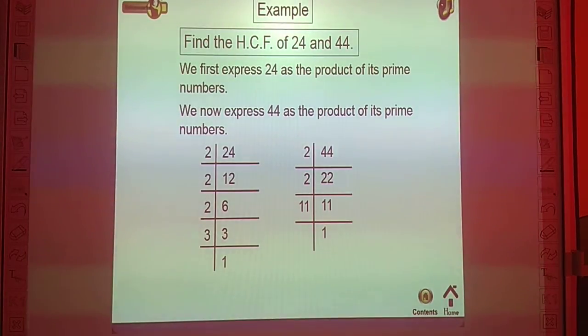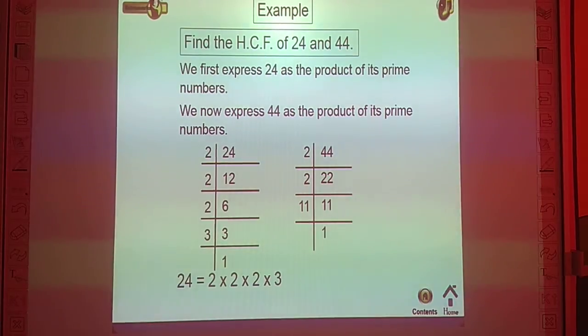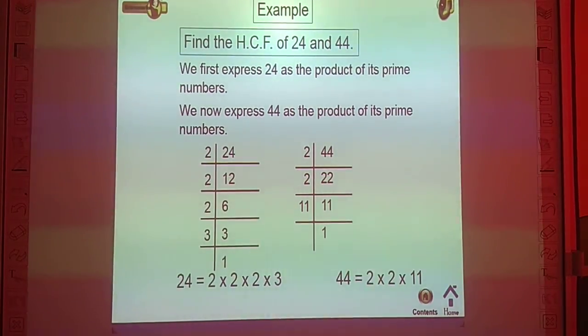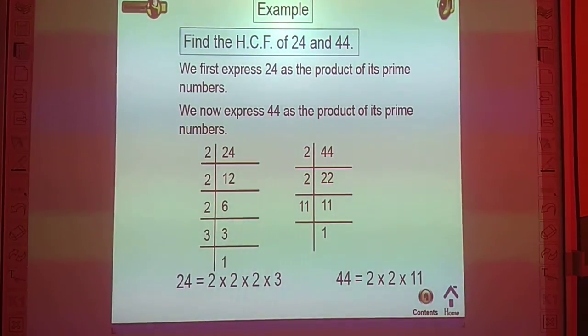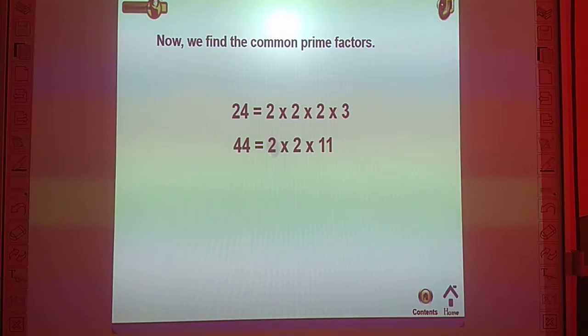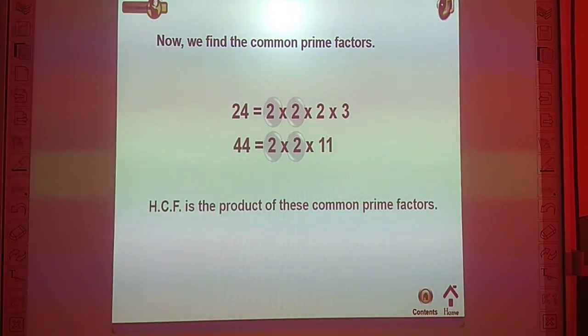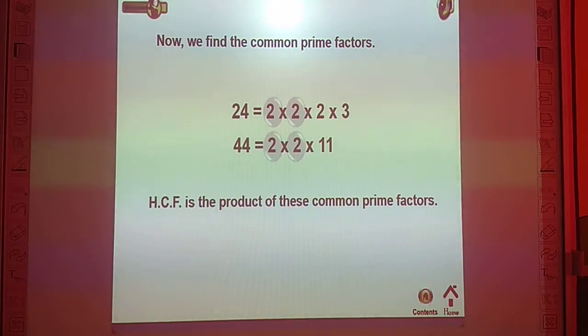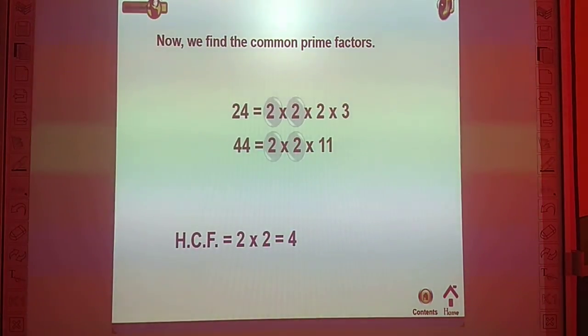Thus, we have 24 as 2 into 2 into 2 into 3 and 44 as 2 into 2 into 11. Now, we find the common prime factors. HCF is the product of these common prime factors, equal to 4.